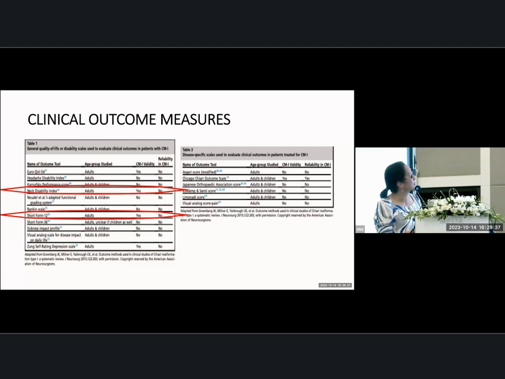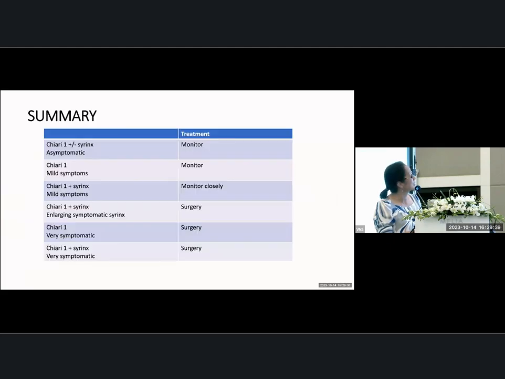So in summary, this is my treatment algorithm. If a patient's got a Chiari, whether they've got a syrinx or not, if they're asymptomatic, then I would monitor. If they've got mild symptoms and they're manageable, then I would monitor. If they've got a syrinx with mild symptoms, I'd monitor a little bit more closely.